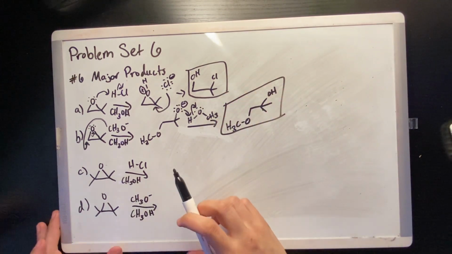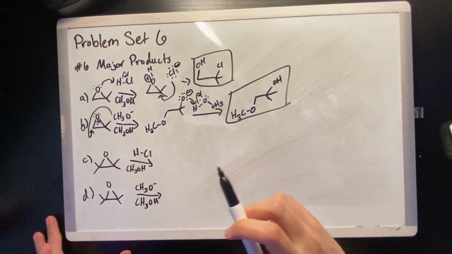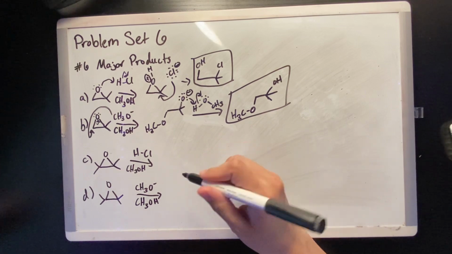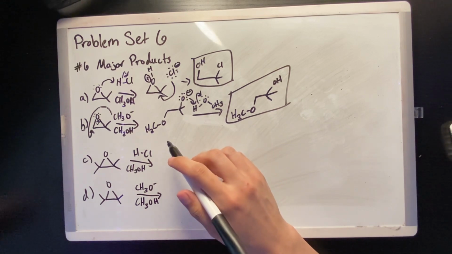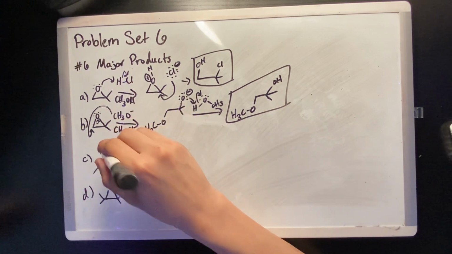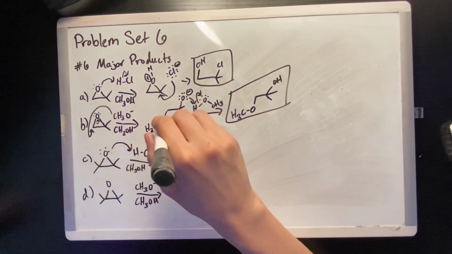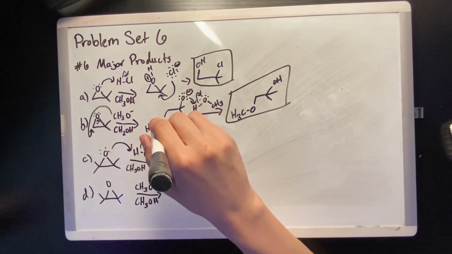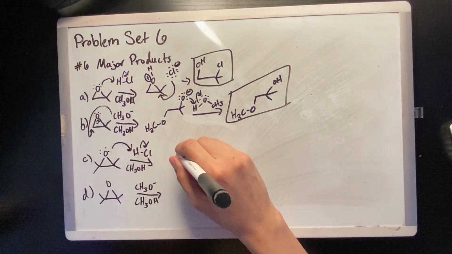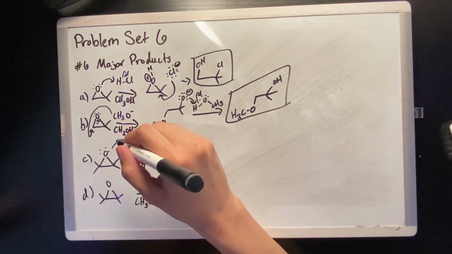For the third one over here, make sure you guys can still see. What we're going to have here is this oxygen, again, going to see this hydrogen, kick off this chlorine.